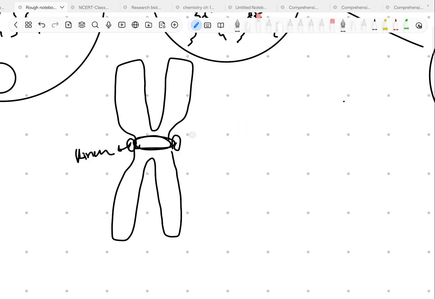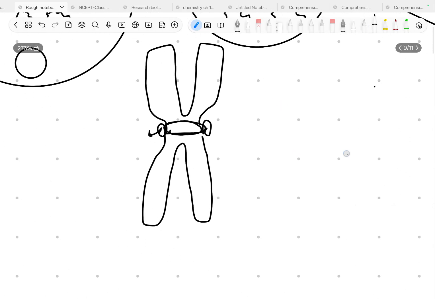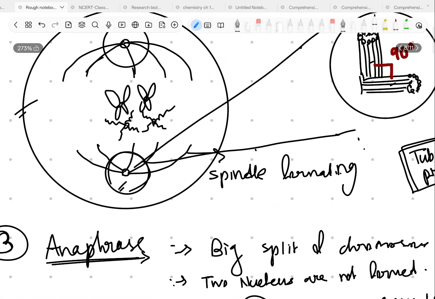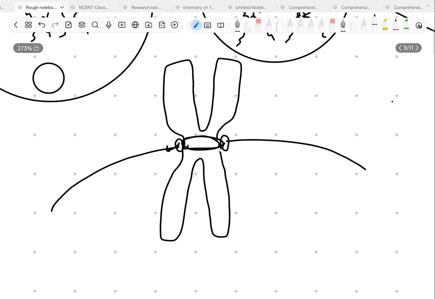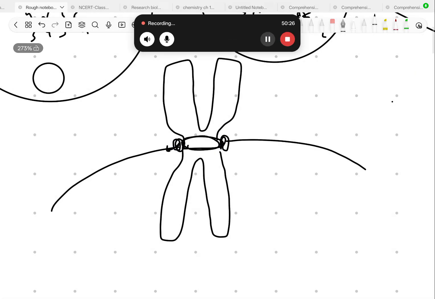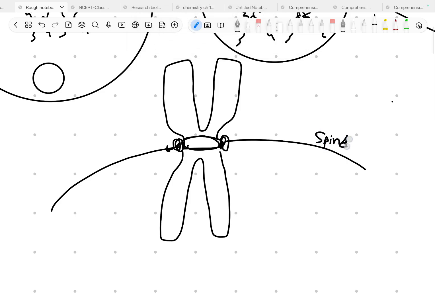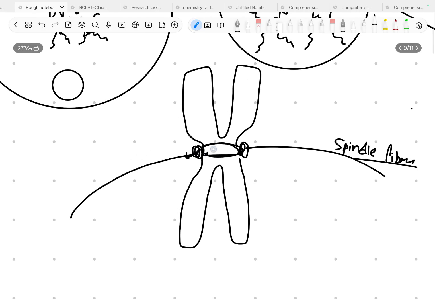Here the spindle fiber is attached to the kinetochore. These are the kinetochores and this is the centromere.